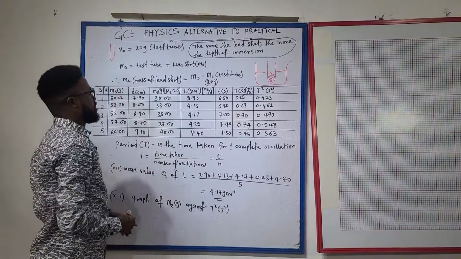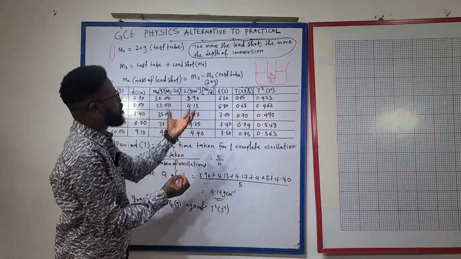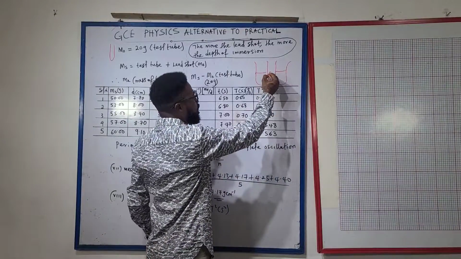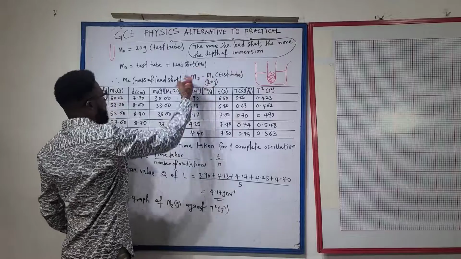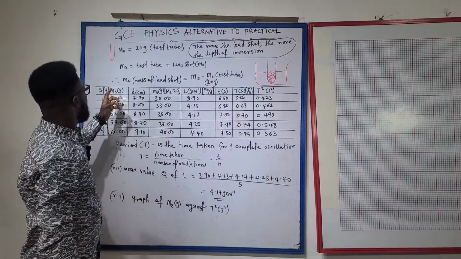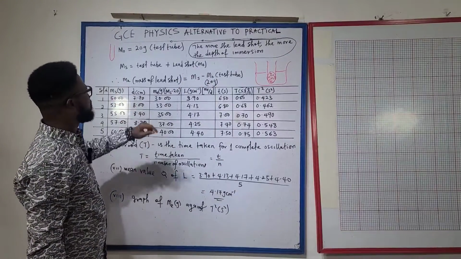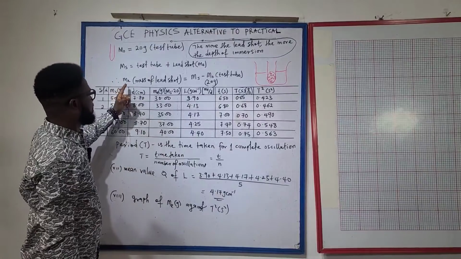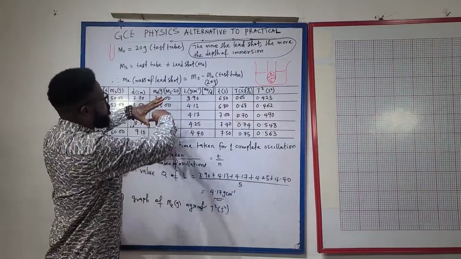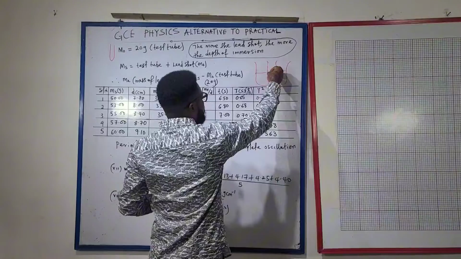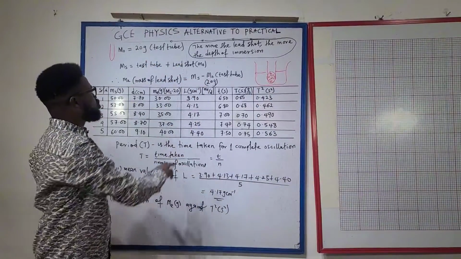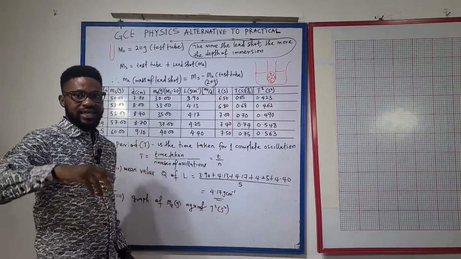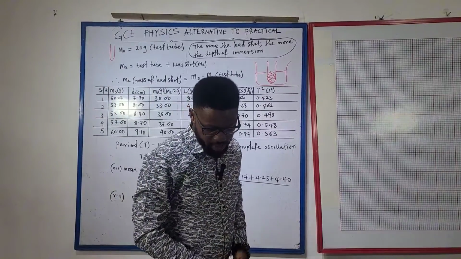The mass of the lead we are putting into the test tube is tagged ML. So if I want to know the mass of the lead, it is going to be the mass of the entire test tube, inclusive of the lead shots, take away the mass of the empty test tube, which is 20 gram, which we were given in the question.